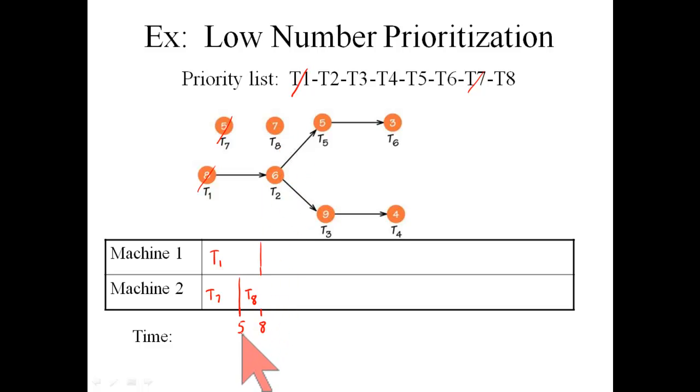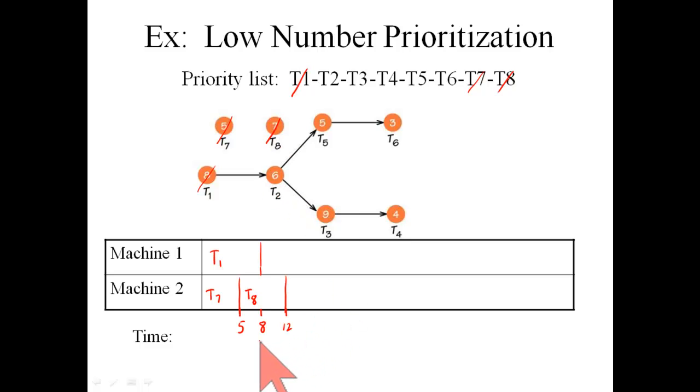That's a 7-minute job, and it started at time 5, so 7 minutes after that is going to be out here at 12. So from time 5 till 12 minutes, processor 2 or machine 2 is going to be working on task 8.